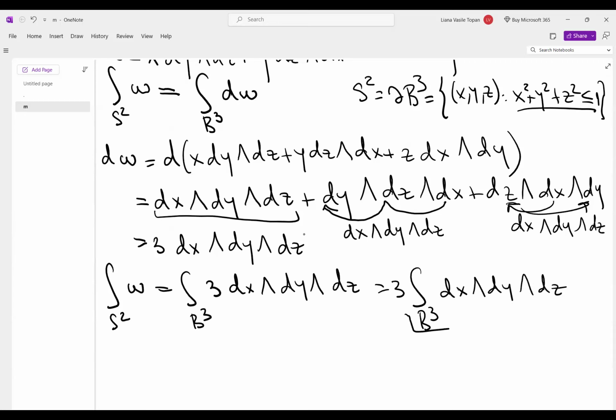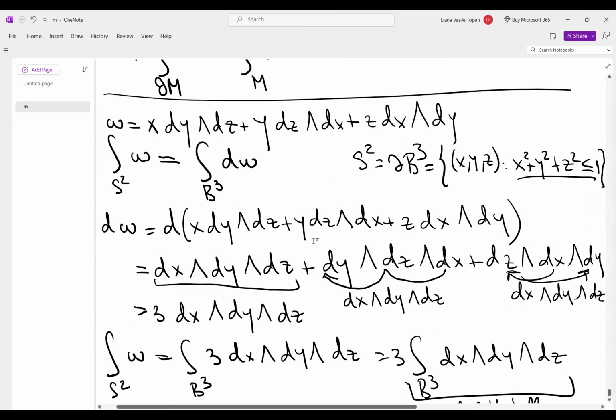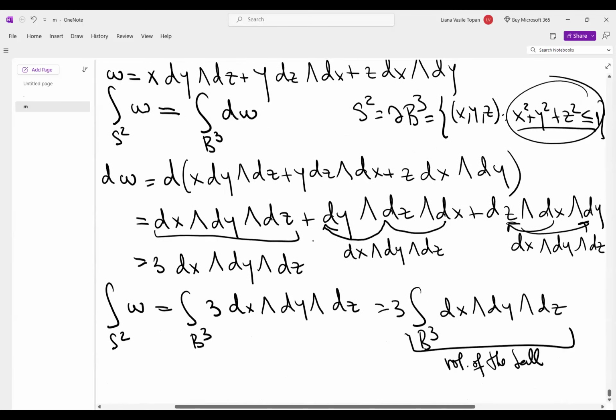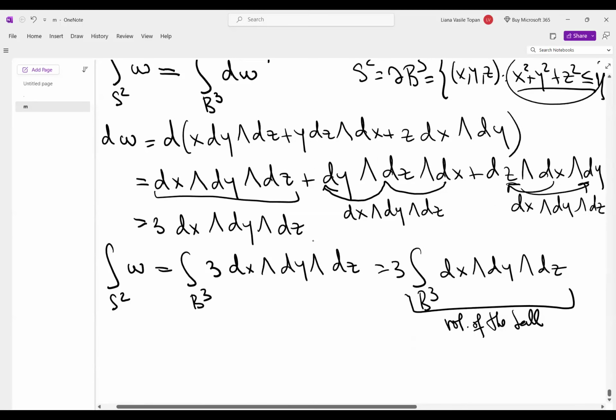But if you remember, this is precisely the volume of the ball. Right? This is how we defined the volume. At the beginning, it was the first thing that we defined when we were talking about integration. So this is the ball with center 0, 0, 0 and radius 1. So the volume is 4 pi times the radius 1 cubed over 3.